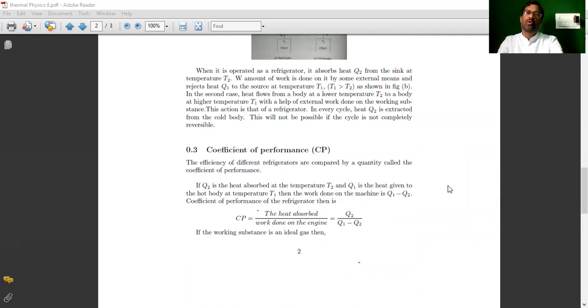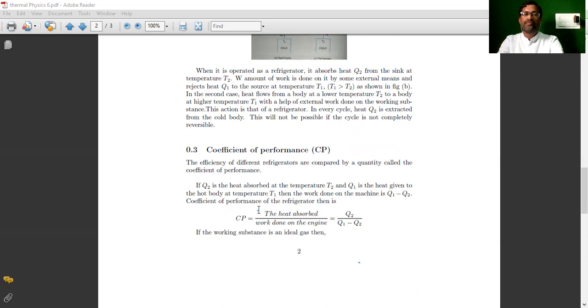Now, what is coefficient of performance? How is it calculated? If Q2 is the heat absorbed at the temperature T2 and Q1 is the heat given to the hot body at temperature T1, then the work done on the machine is Q1 minus Q2.